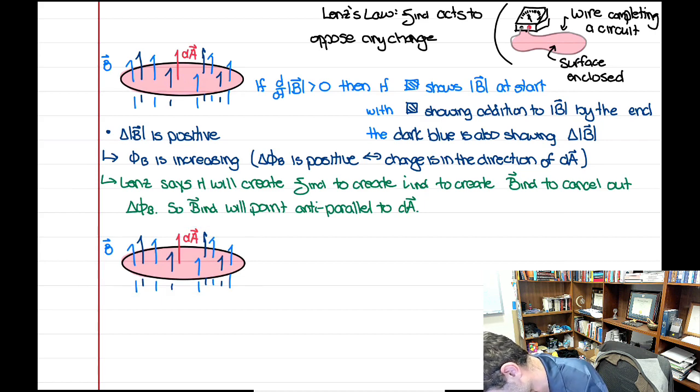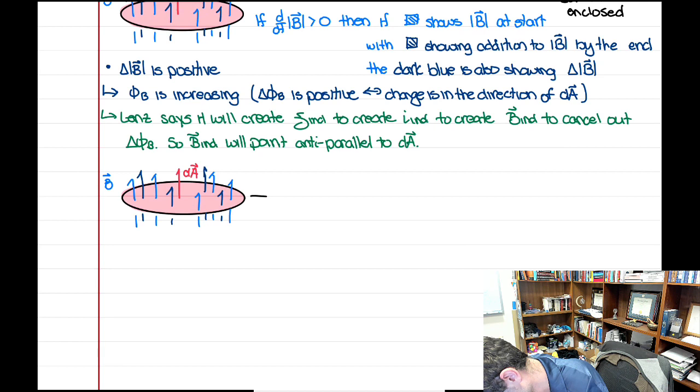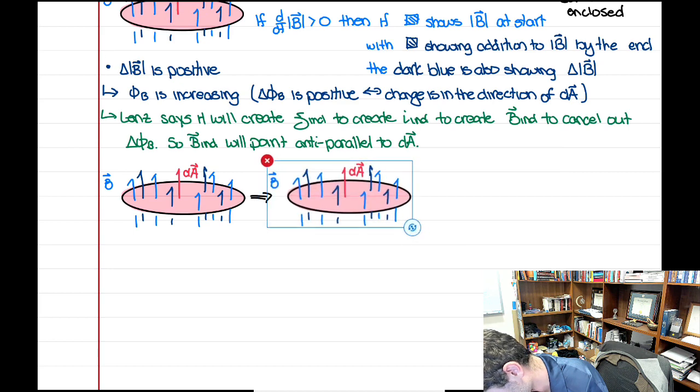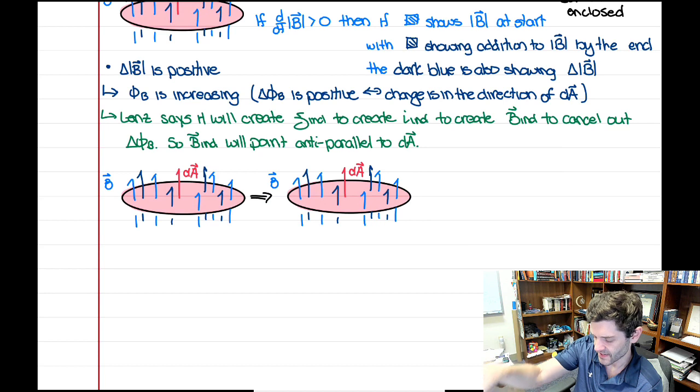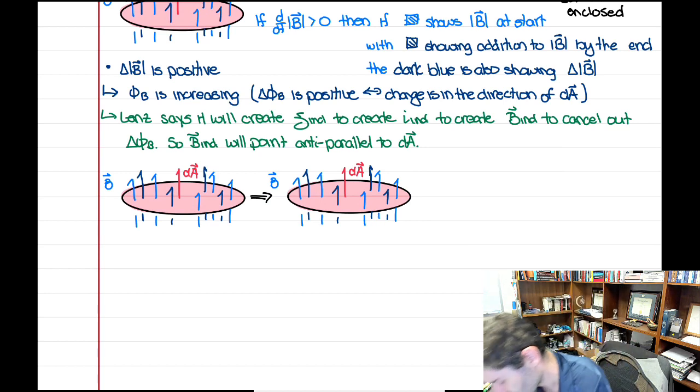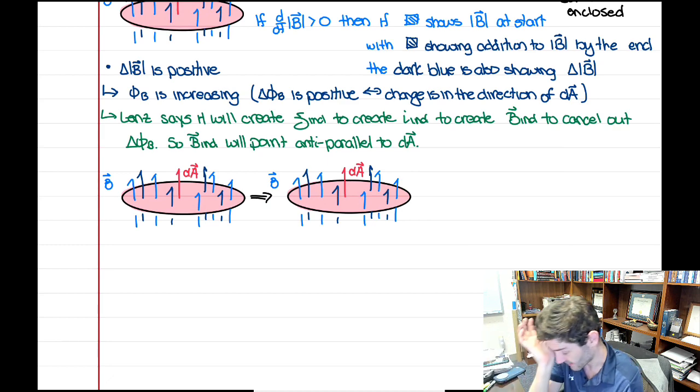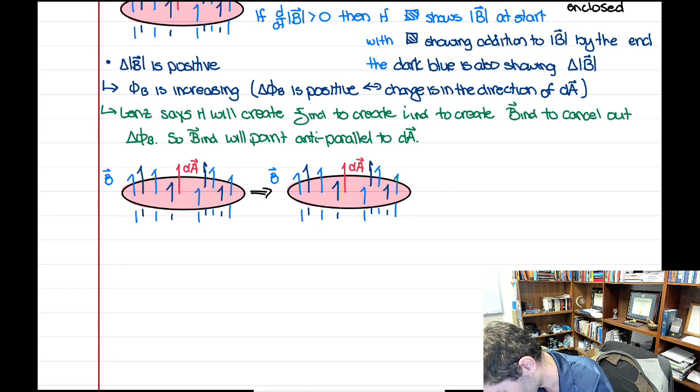And so as a result, there is an induced current, or we could work backwards now. Psi creates I, which creates B, and that B is intended to cancel out the flux. So we could ask ourselves, what direction does this induced field have to point if it's going to cancel out this change?